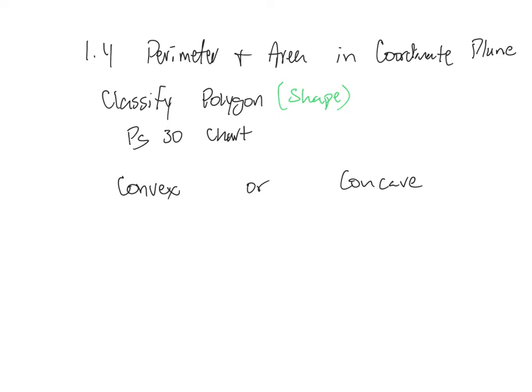Okay, so what the heck is convex versus concave? Convex kind of means that there are no cavities. That's the way I think of it. Like this would be convex, and this would be concave because you have this little space right here.